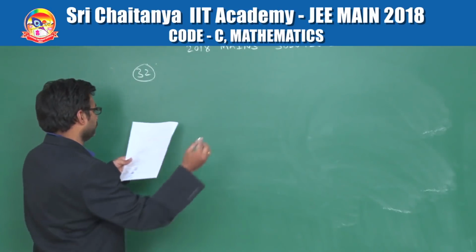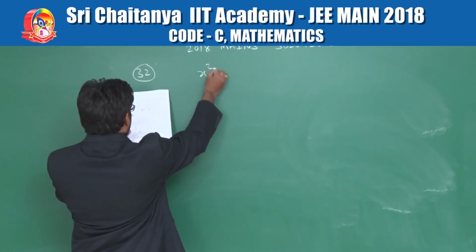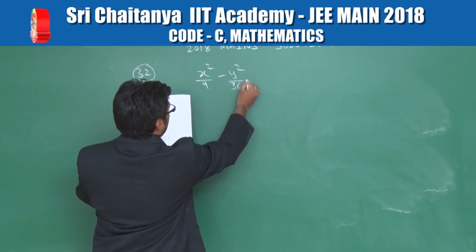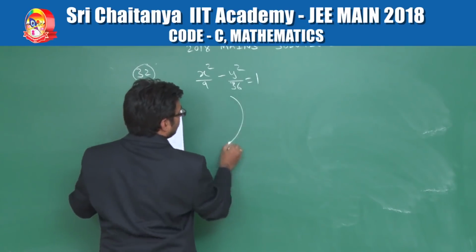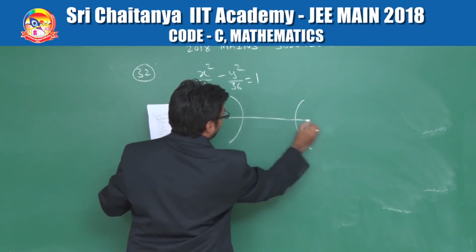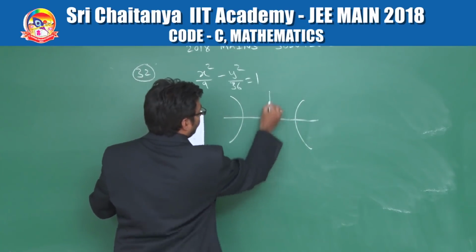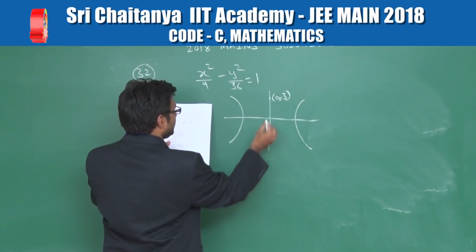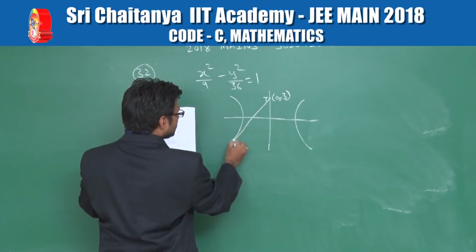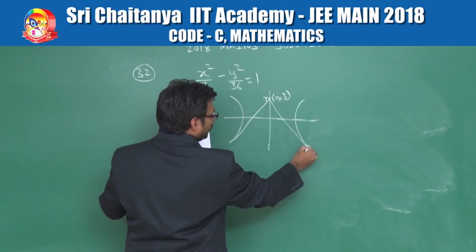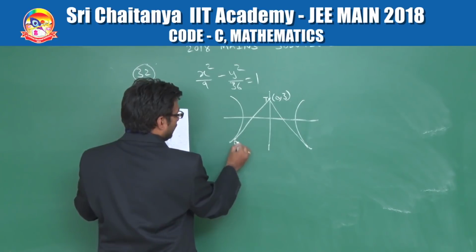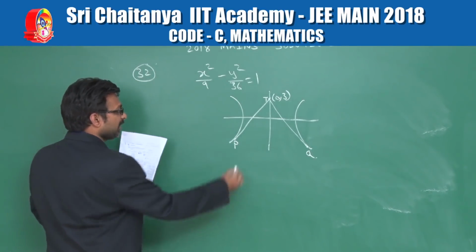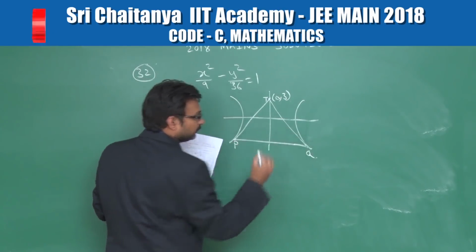See question number 32. The given hyperbola is x square by 9 minus y square by 36 is equal to 1. So that will be like this. From the point 0 comma 3, that is T, two tangents are drawn which are tangent to the hyperbola at P and Q. So we need the area of triangle TPQ.